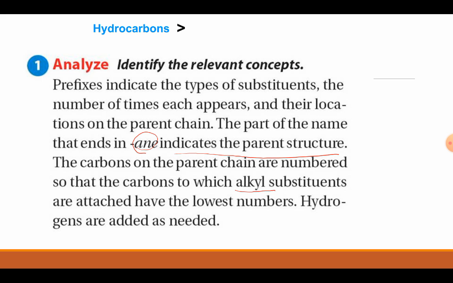Remember that, you have to give the lowest number to the substituents. Hydrogens are added as needed. Of course, as we did, we will fill the spaces around any carbon atom with hydrogen to make 4 covalent bonds around the carbon, right? Okay.